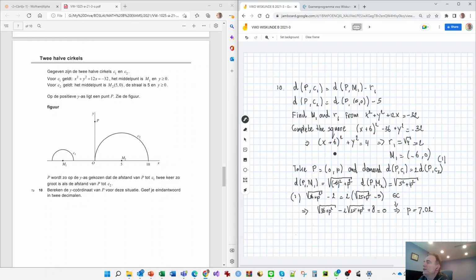And now we have everything we need here. Well, P is on the y-axis, so x is 0, and we can just call it (0, p). And now we need to demand that these distances are related like this.